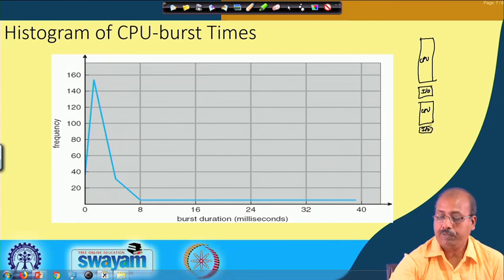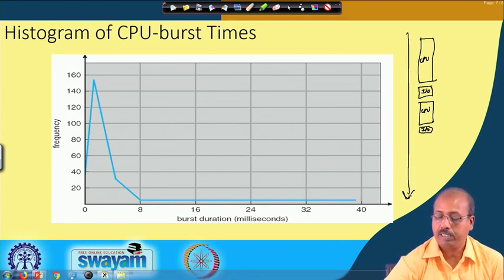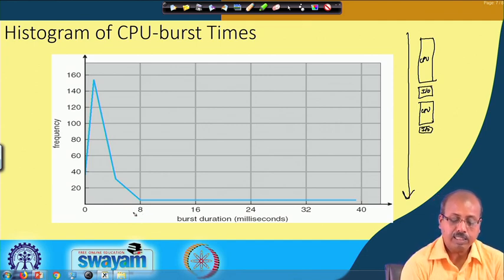If you take a typical execution of a process and try to see how many CPU bursts we got of a particular size, then in this diagram you see that you get very few CPU bursts of larger size.